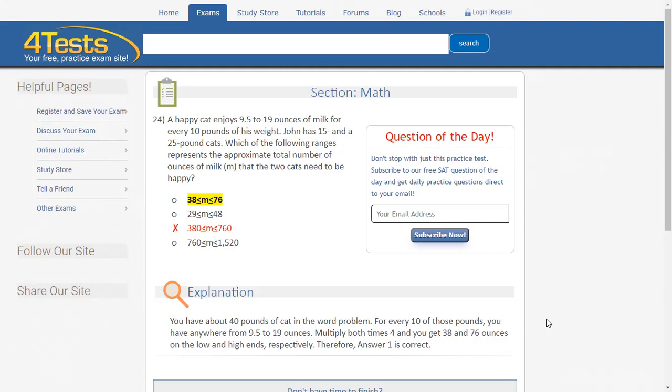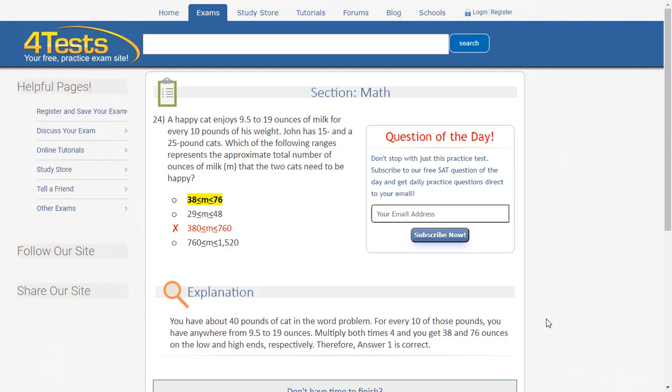Now look at this. 9.5 to 19 ounces of milk for 10 pounds of his weight. John has 15 and 25 pounds. Which of the following ranges represents the approximate total ounces of milk that the two cats need to be happy?